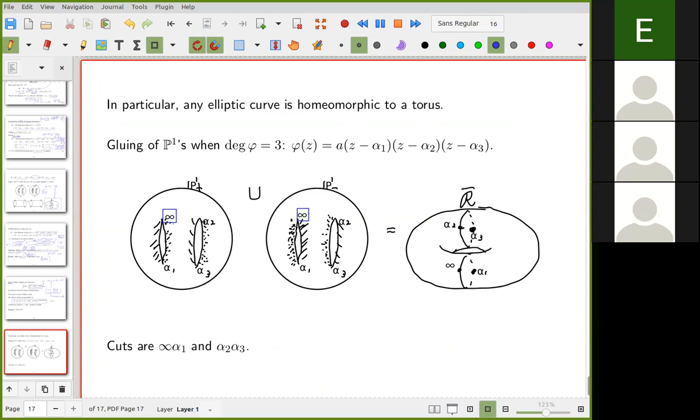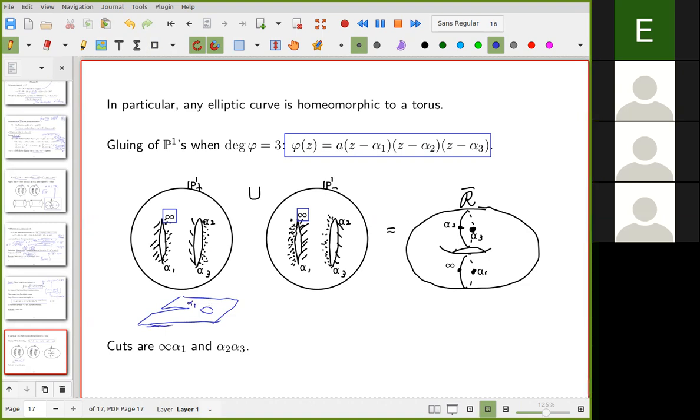Namely, when the polynomial is of degree 3, then we have the Riemann surface for such a polynomial, and the square root of such a polynomial can be obtained in this way.